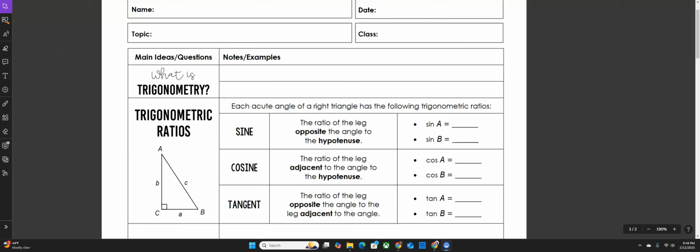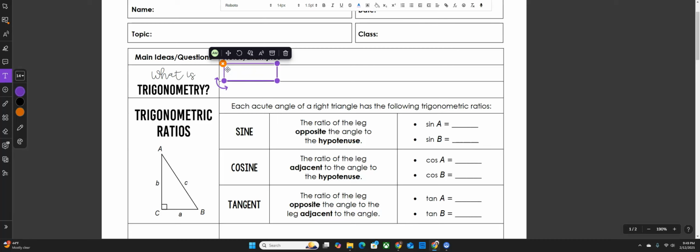So what is trigonometry? Well, simply put, trigonometry is the study of triangles. But more than that, it's the study of the measures of triangles.